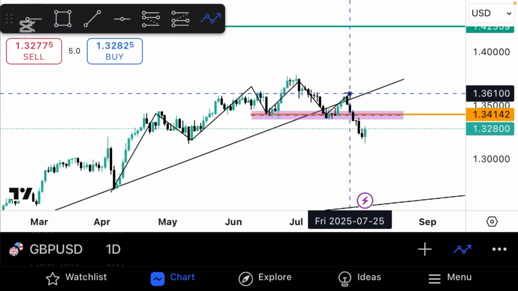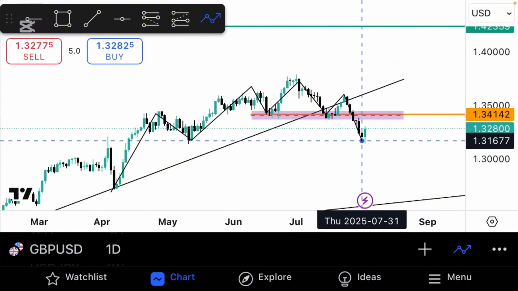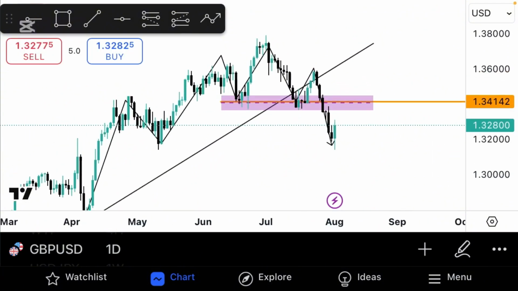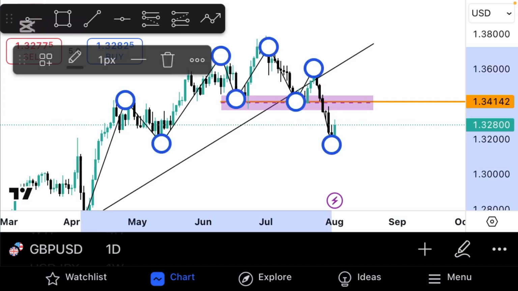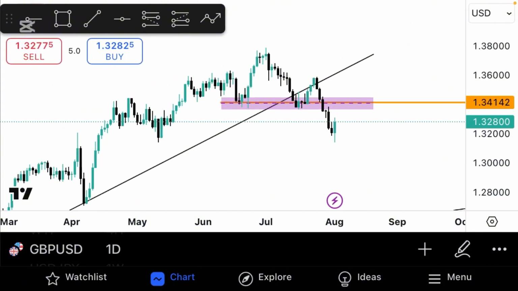Then price tried to make another higher high but failed and broke the most recent structure on this daily time frame, signaling that the bullish momentum and the bullish bias on GBP USD is coming to an end.